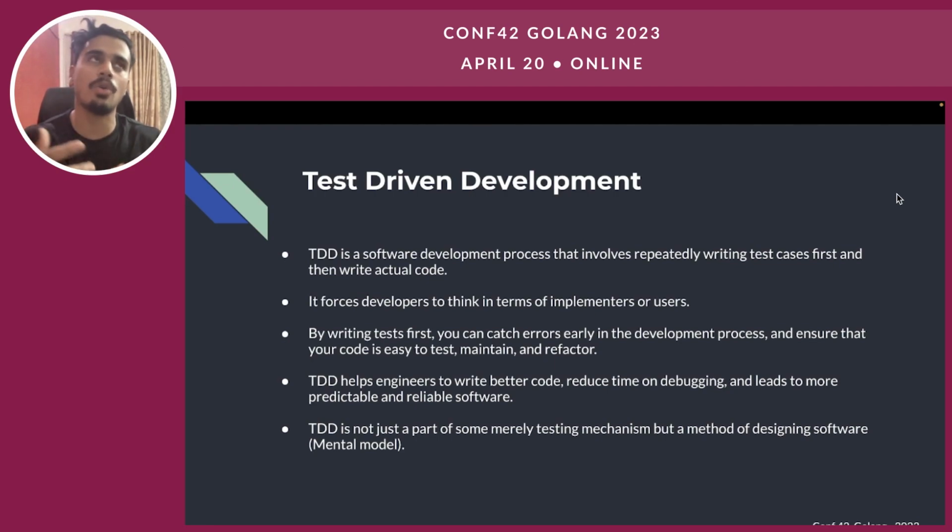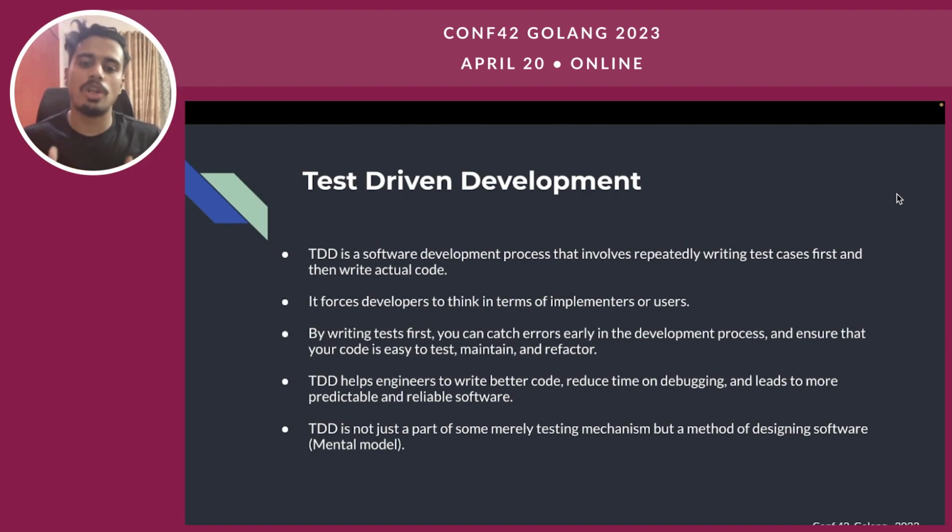So if somehow things are breaking in production code, they can check the test cases, like what they missed, or what they have done wrong, right? What could they have done wrong? So that's how they can ensure our test cases are easy to maintain, and after that, when they maintain, it's easy to refactor as well.